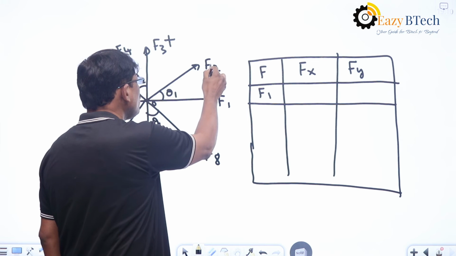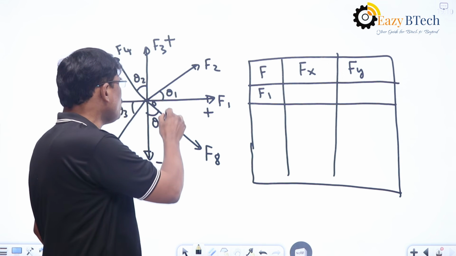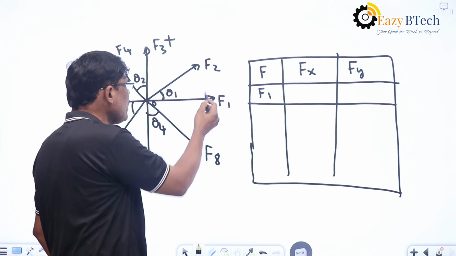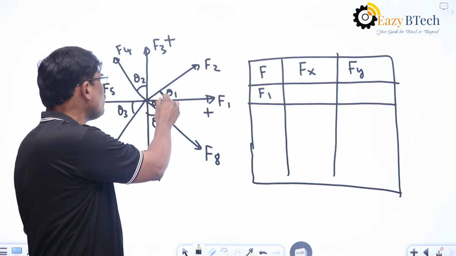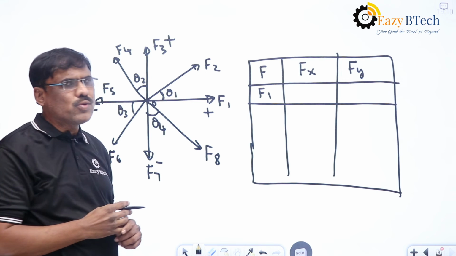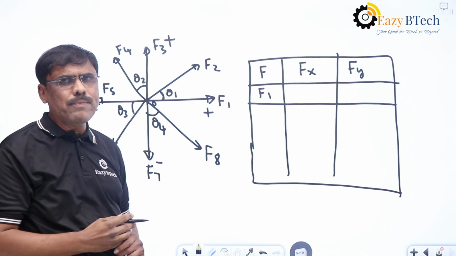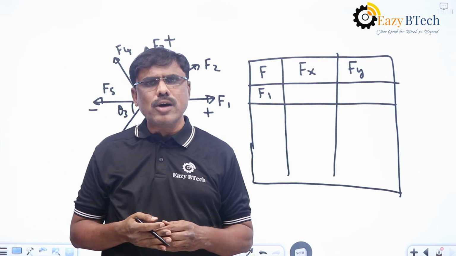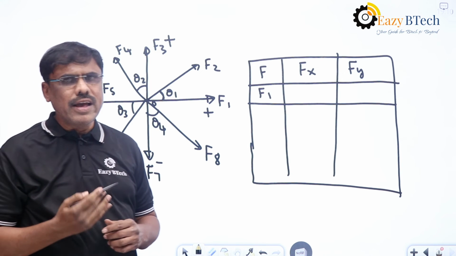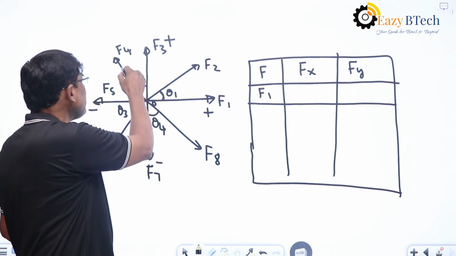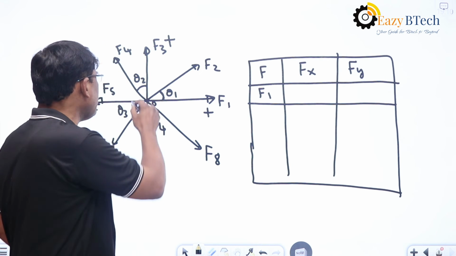And when it comes to the F2 force here, it is making an angle theta 1 with x-axis. I told you, because this is adjacent to F1, so here the F2x becomes F2 cos theta 1, F2y becomes F2 sin theta 1. And when you're taking the F3 force here, F3 is acting along y-axis in the upward direction. Its x component is 0 and y component is F3. And similarly, if you're taking the F4 here, it is making an angle theta 2 with the y-axis.